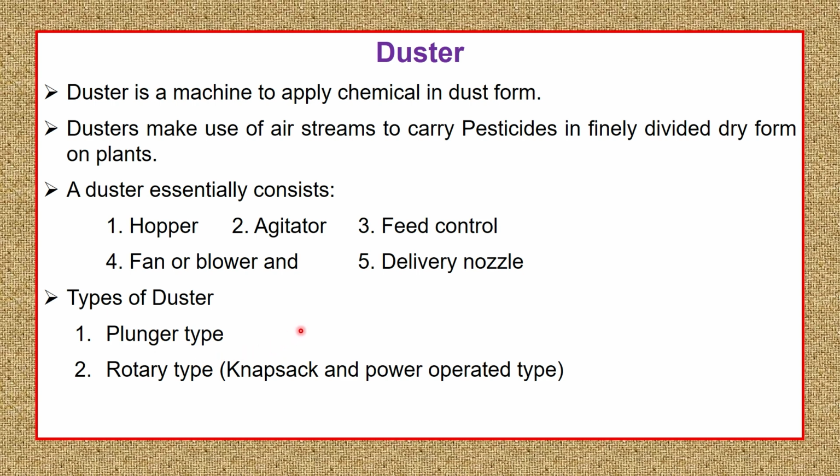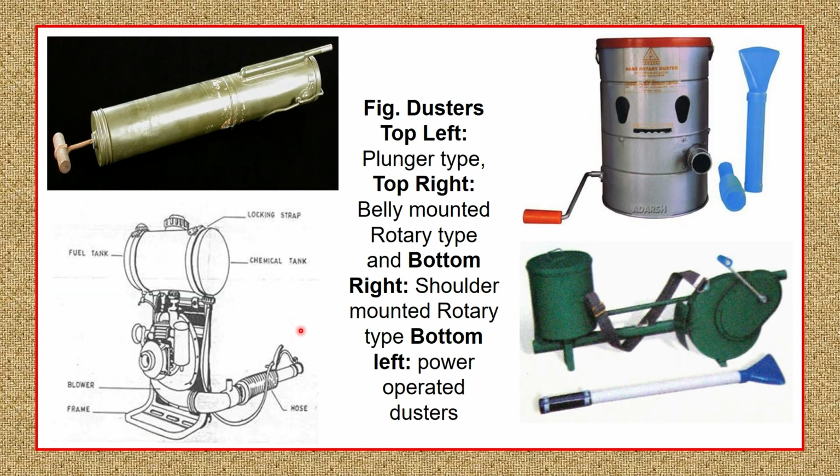In case of rotary type, it may be knapsack type or power operated type. In case of power operated type, it comes with an engine as a power source. This is the type of duster which we call a plunger type. It comes with a barrel, where inside the barrel the chemical in the form of powder is placed, and there is a plunger.